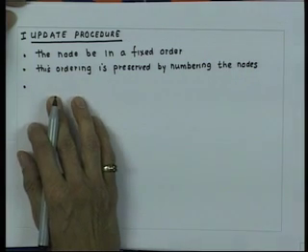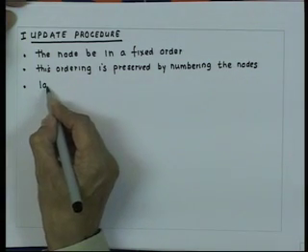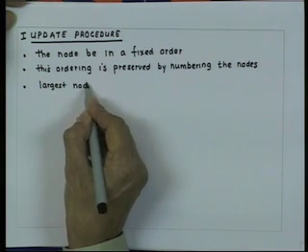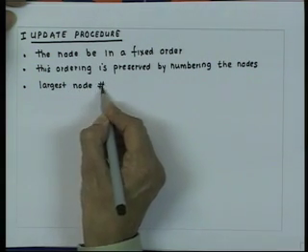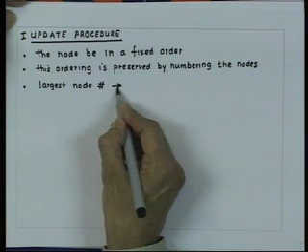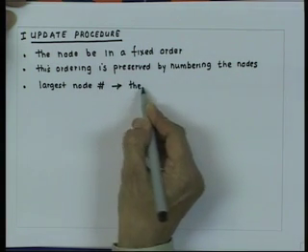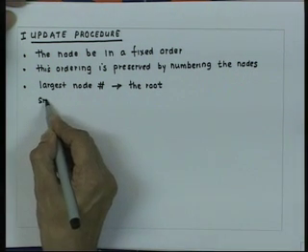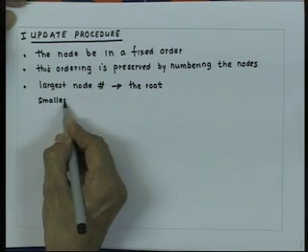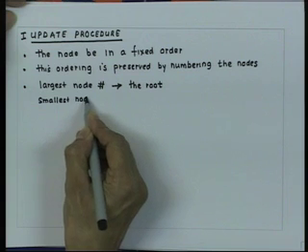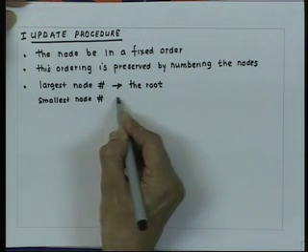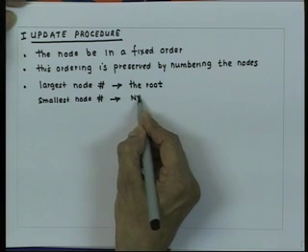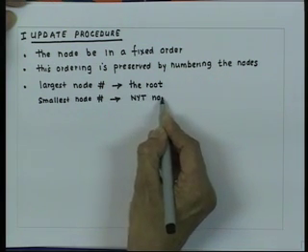The largest node number is given to the root of the tree, and the smallest node number is given to the NYT node.